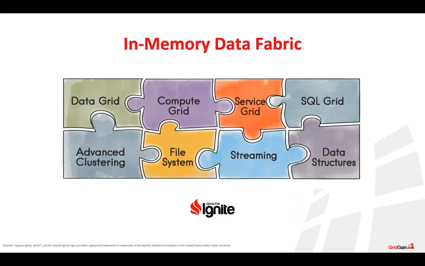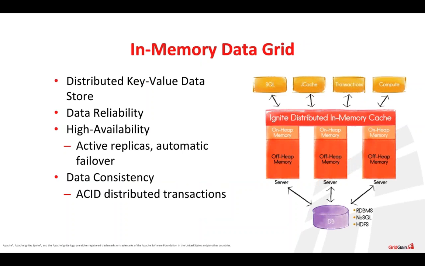During today's talk, we are mostly going to pay attention to the in-memory data grid, which is shown on the current slide. The data grid is basically a distributed key-value data store.